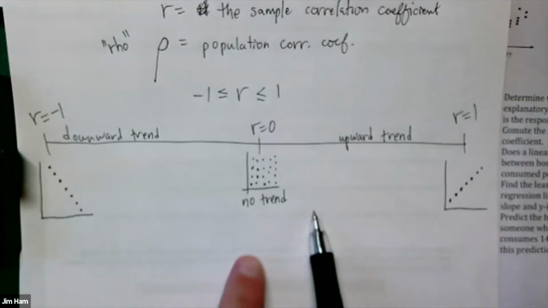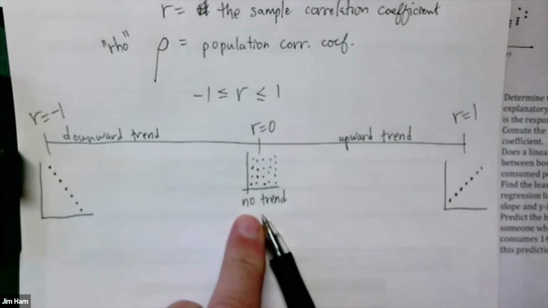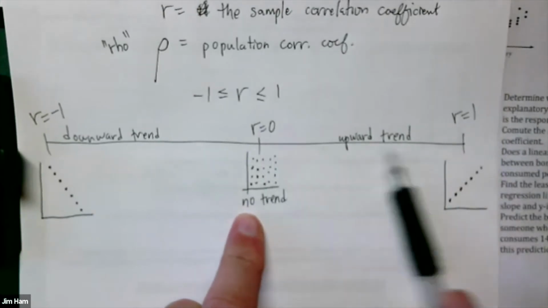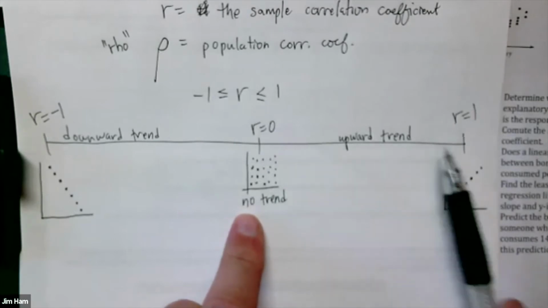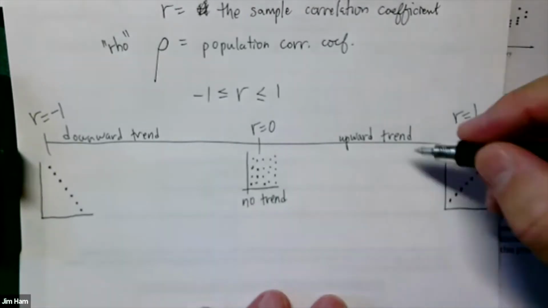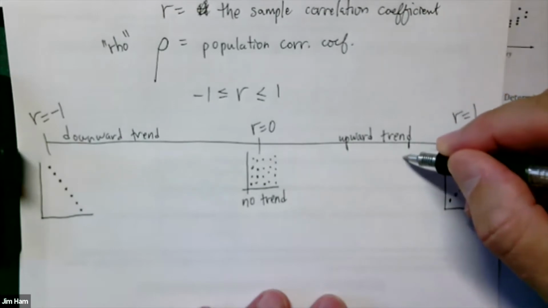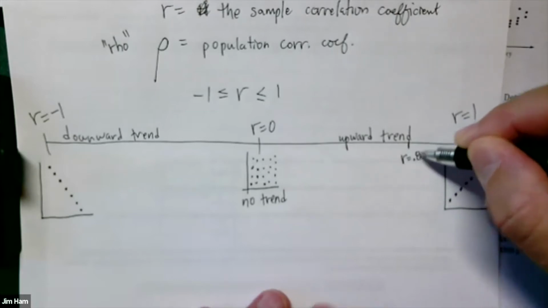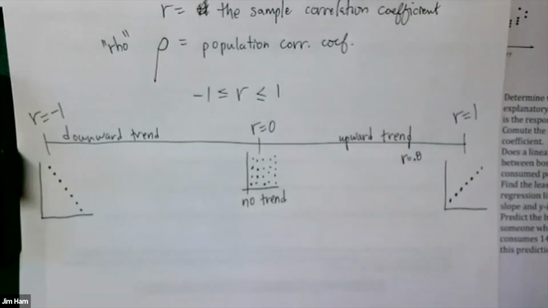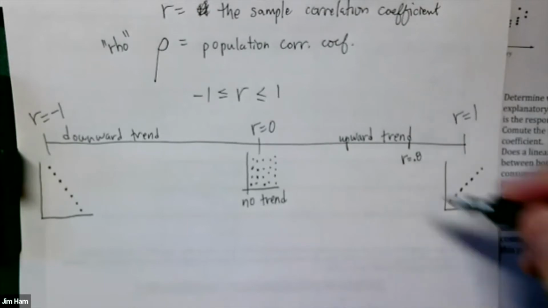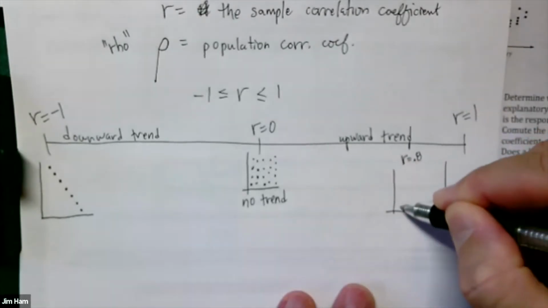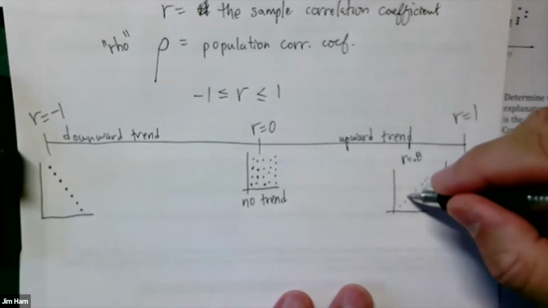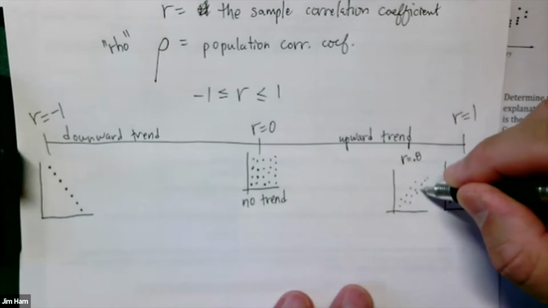Okay, so as you move from absolutely no trend to the perfect linear relationship over here, all of these numbers are positive. All numbers between 0 and 1 are positive. And so if you have a correlation coefficient of about 0.8, a positive number closer to 1 than to 0, then you're going to see a pretty strong direct relationship, but several of the points will fall off the line.